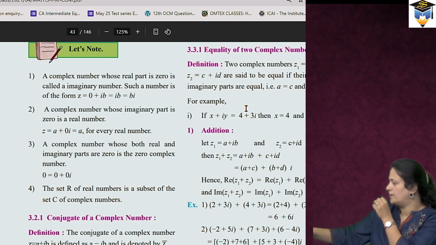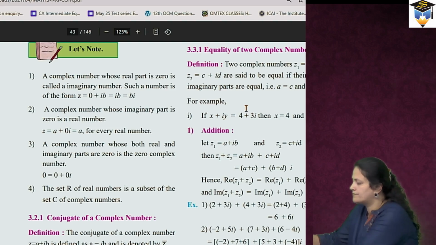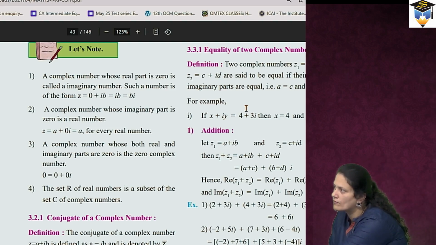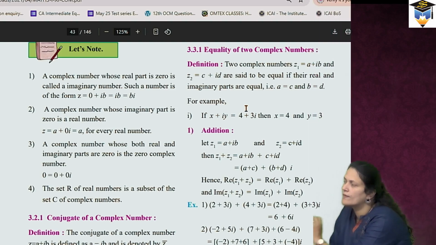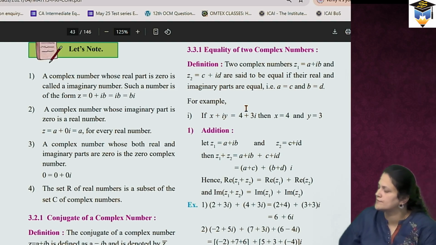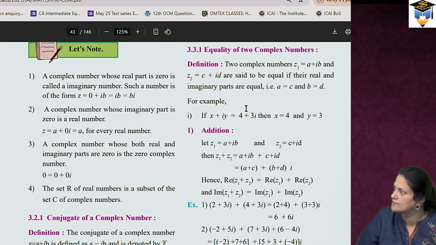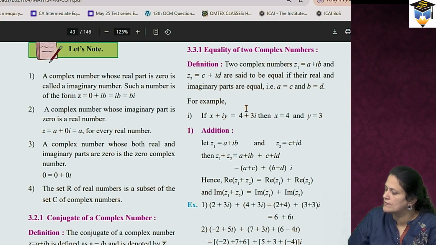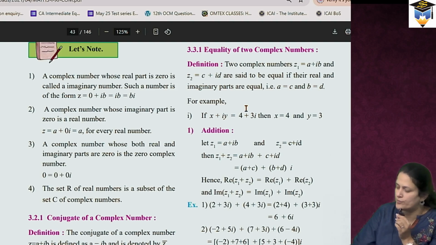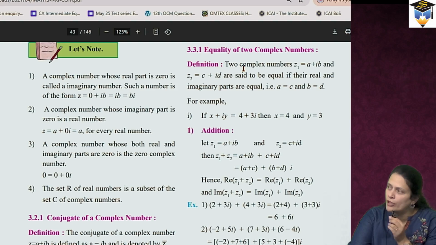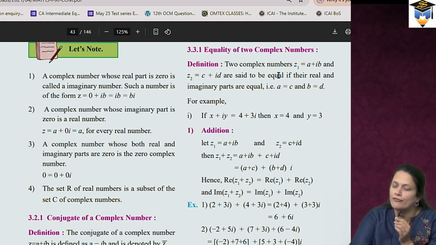Just give me a minute. Now the entire textbook is visible. Okay, so now if we go through equality of two complex numbers, let us check what is the definition.